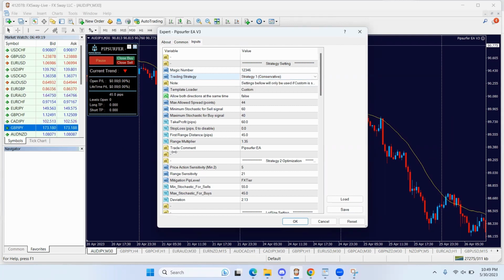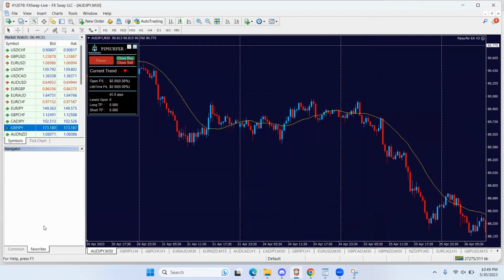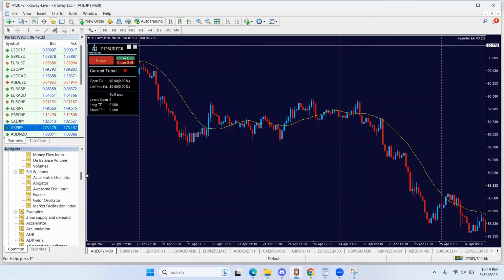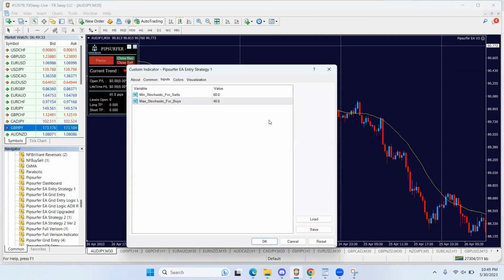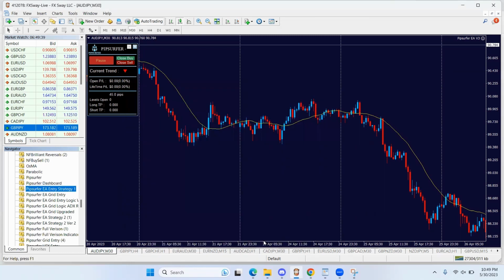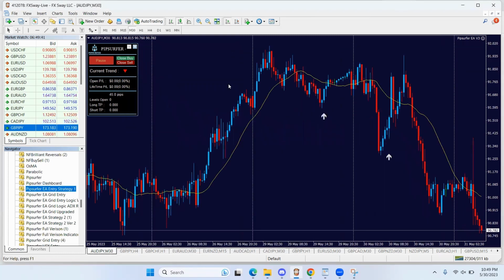I can give you an example on this pair of what the strategy looks like, or where it takes trades. And this indicator I do have as well on the marketplace. So if you want access to it and see where strategy 1 will take trades, you can do your testing.